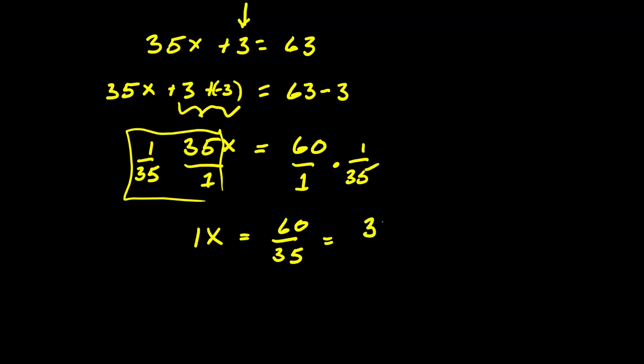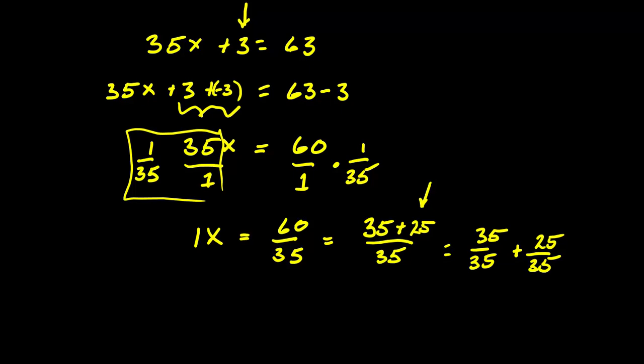So that'll be 35 plus 25 over 35. This 25, I got that by subtracting 35 from 60. This equals 35 over 35 plus 25 over 35.